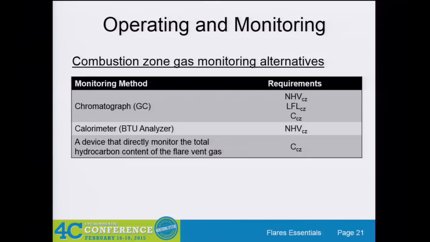But if you look at the LFL or the combustibles content, suddenly having a high hydrogen flare is not an issue. If you have a high hydrogen flare, you're into a totally different world where you have to think about things a little differently. So take the time to go through that.